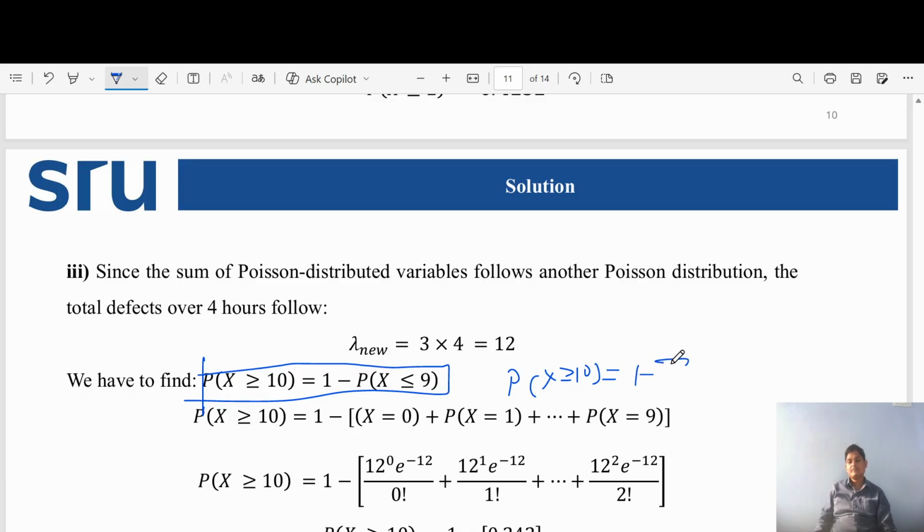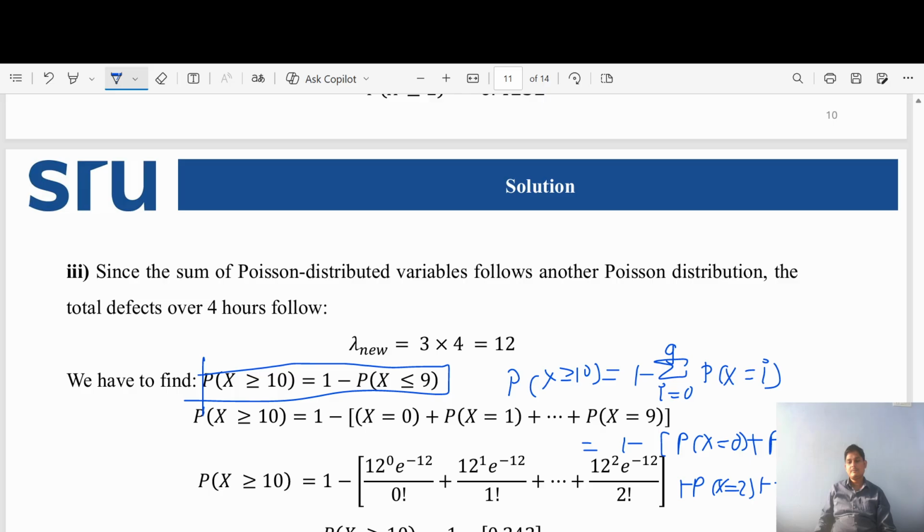So we subtract from 1 the sum for i equal to 0 to 9 of P(X=i). So this becomes 1 minus [P(X=0) plus P(X=1) plus P(X=2) plus up to P(X=9)].